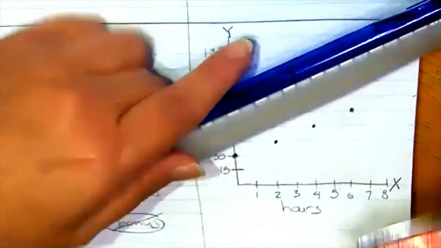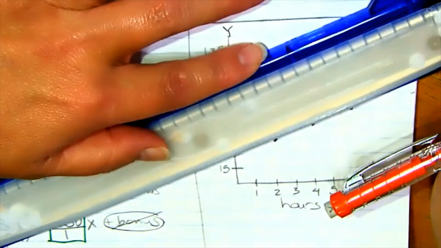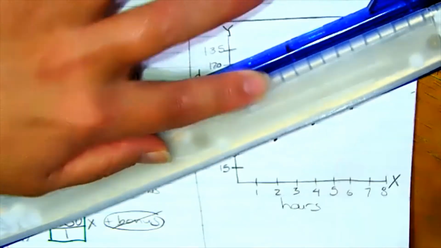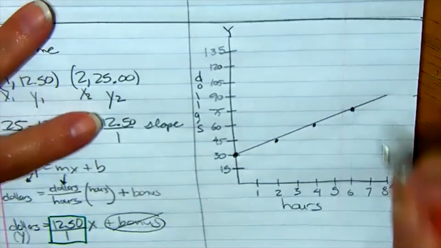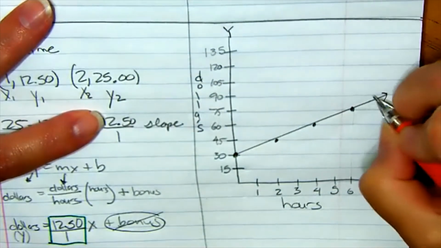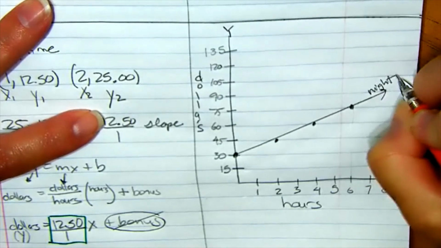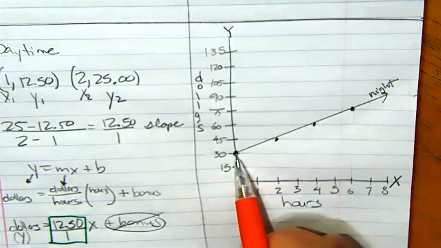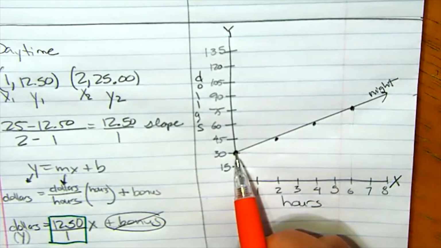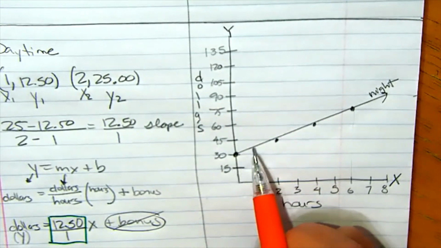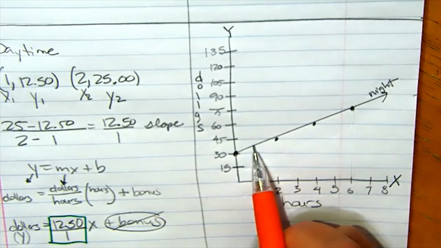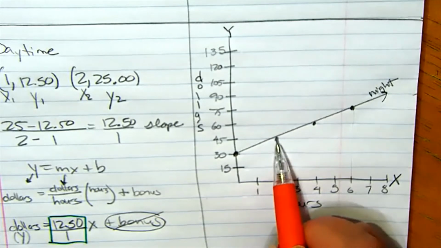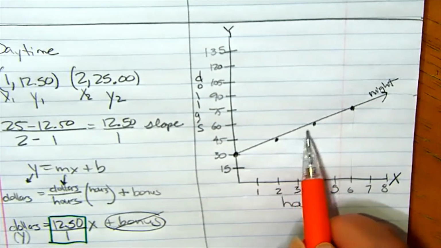Okay, so this is what the graph of my nighttime employees looks like. So this is nighttime. So they're starting, they get a $30 bonus, then they make $7.50 an hour or $15 every 2 hours.